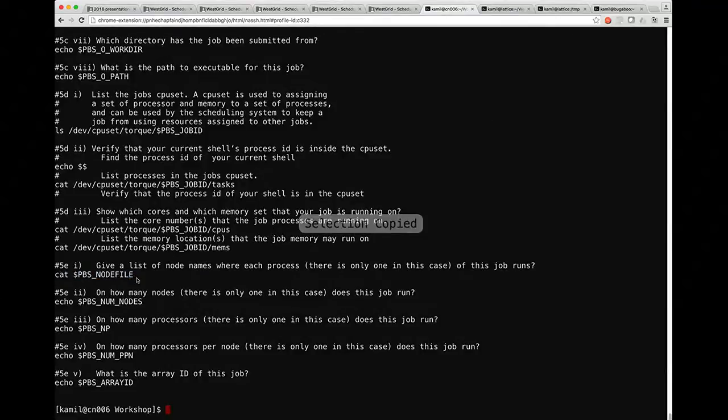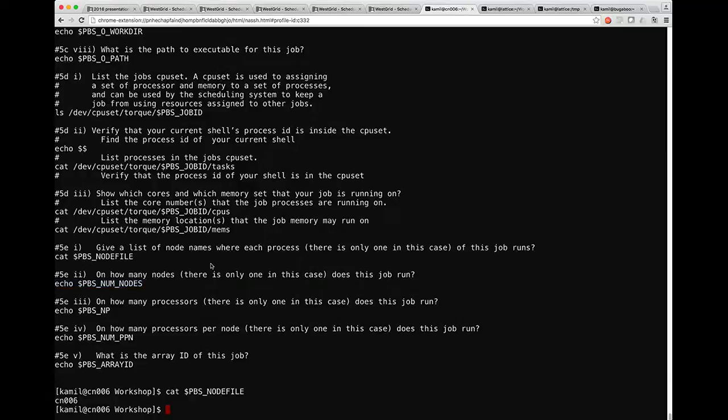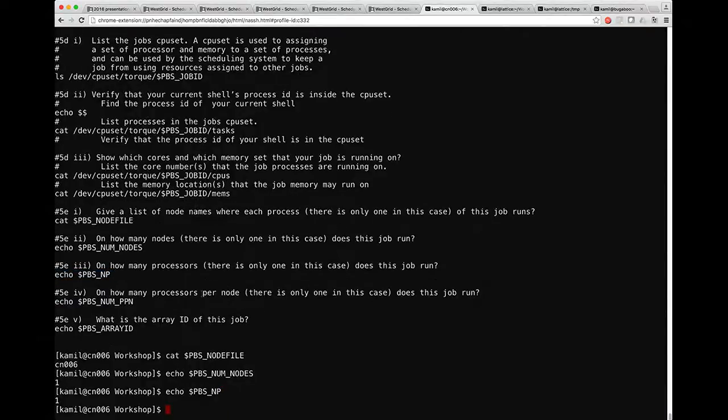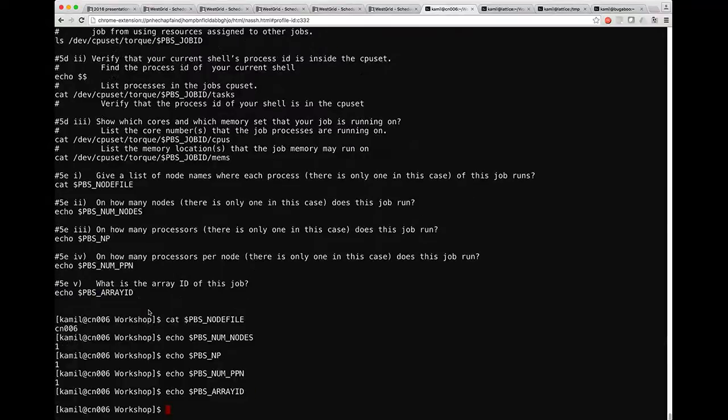We could look at the PBS nodes file. How many nodes does it run? It's only on one. How many processors? This job is only using one. How many processors per node? The answer is also one. And what is the array ID of this job? There is no array ID. So these questions, you're going to compare to parallel jobs. You're going to run the same questions inside a parallel interactive job later, or at least we will.